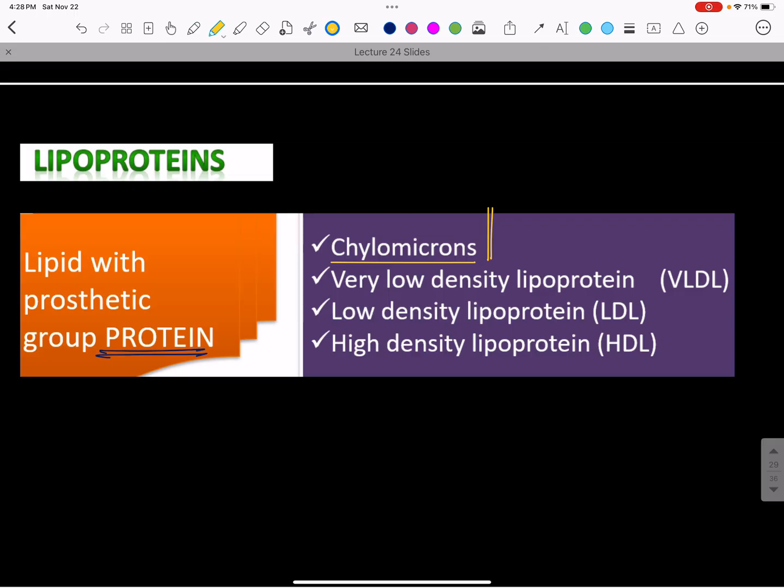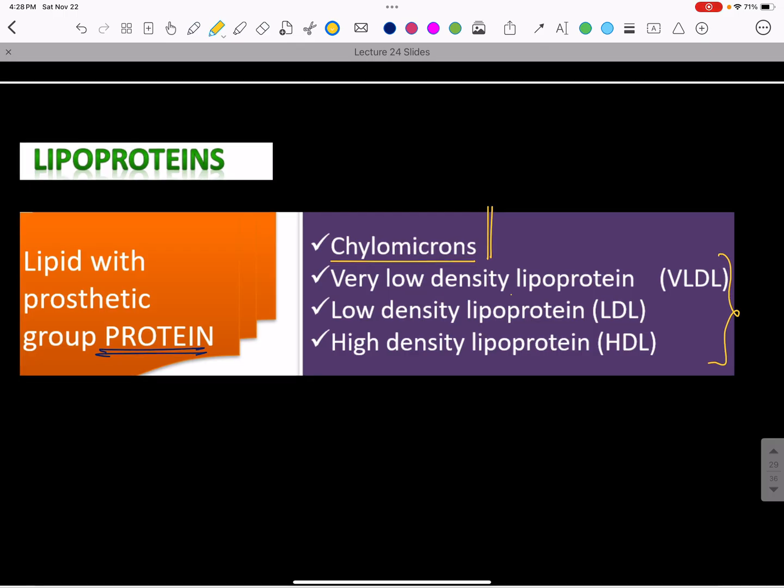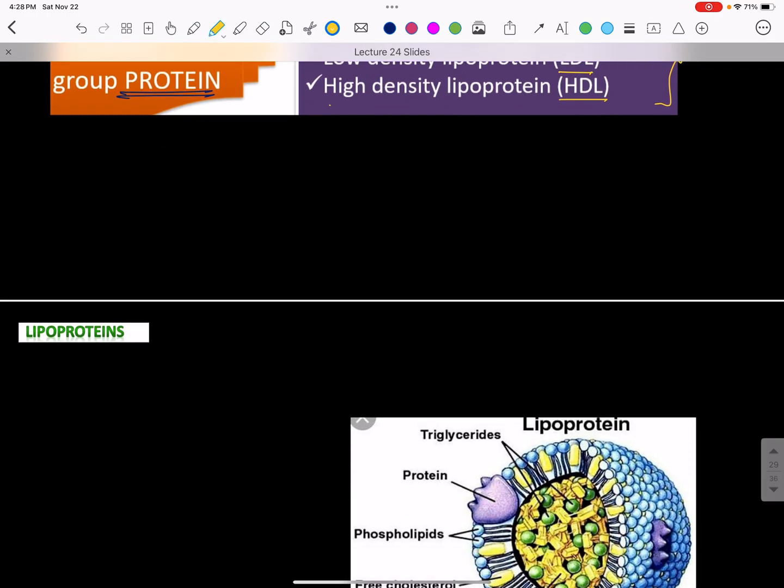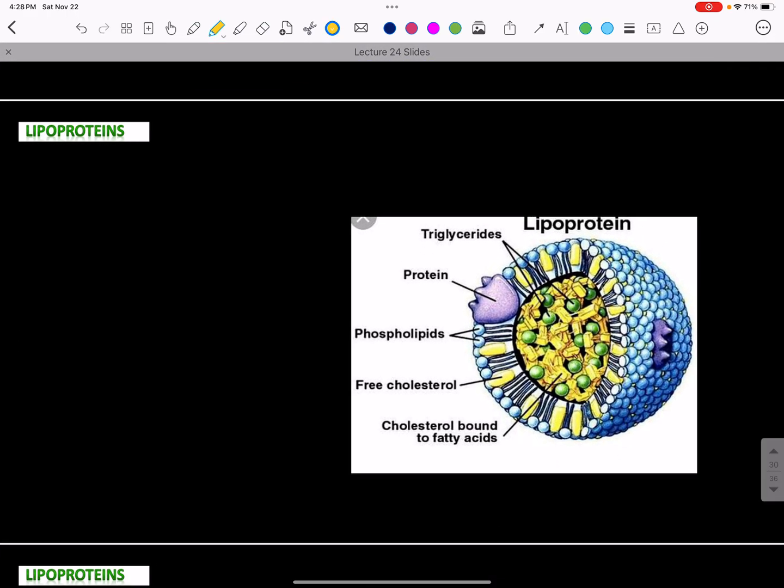And in the blood, the lipids are carried using these lipoproteins. We have very low density lipoprotein, VLDL, low density lipoprotein, LDL, and high density lipoprotein, HDL. You are also aware that the HDL and LDL levels are very important parameters to assess the predisposition for any cardiovascular disorders.